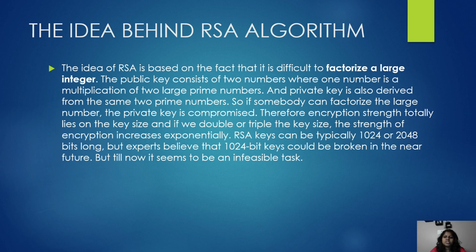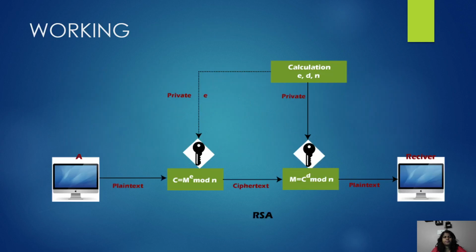Therefore, encryption strength lies totally in the key size, and if you double or triple the key size, the strength of the encryption increases exponentially. An RSA key can typically be 1024 or 2048 bits long, but experts believe that a 1024-bit key could be broken in the near future, though till now it seems to be an infeasible task. This shows the working of the RSA key.